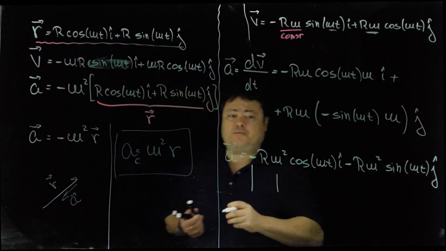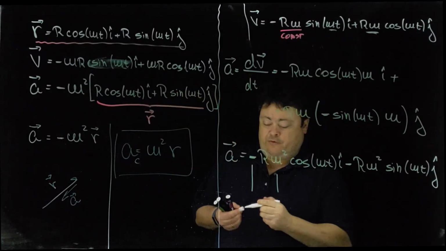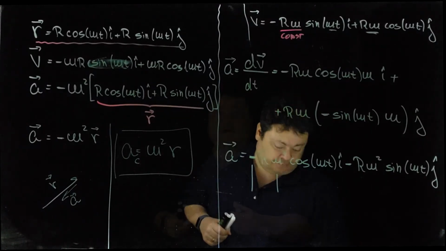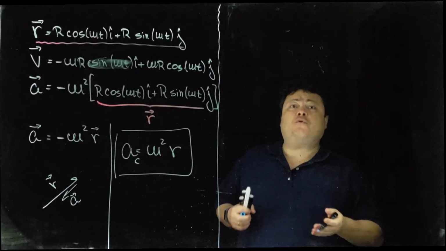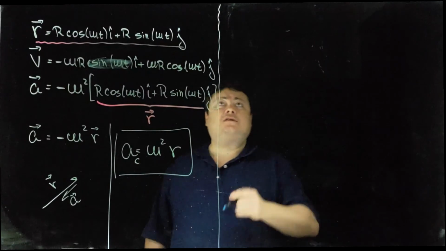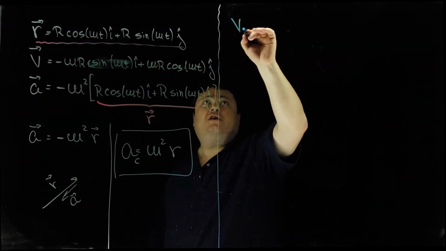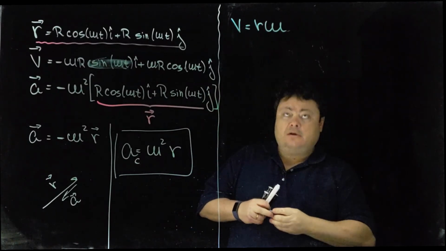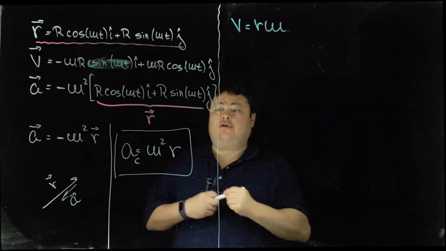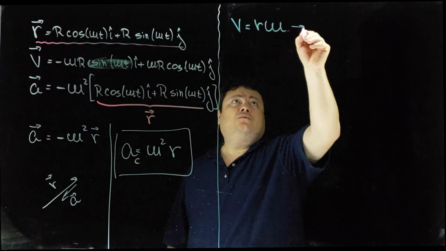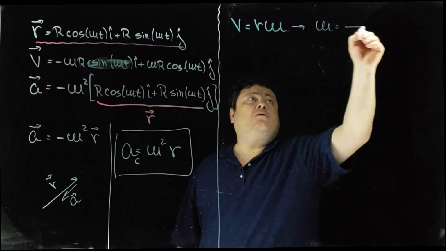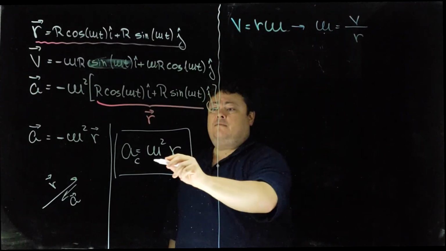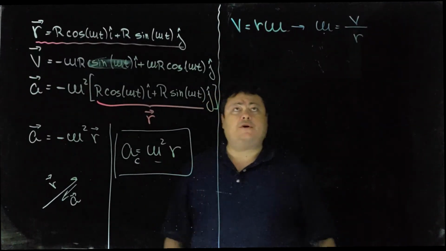So this is the centripetal acceleration expressed as a function of omega, the angular velocity. If you remember that we saw a couple minutes ago that v equals r omega, I can solve this equation here for omega. So omega equals v over r, and then I can plug omega back into my centripetal acceleration equation.